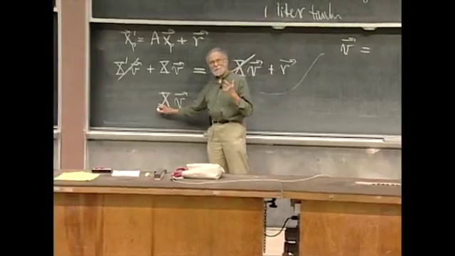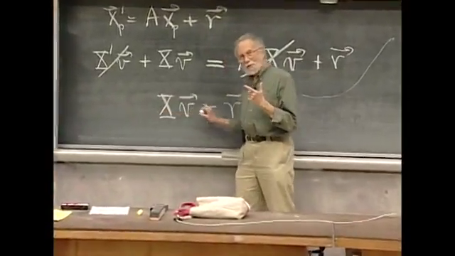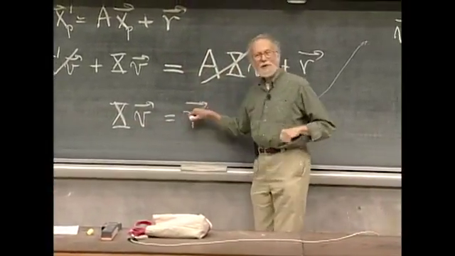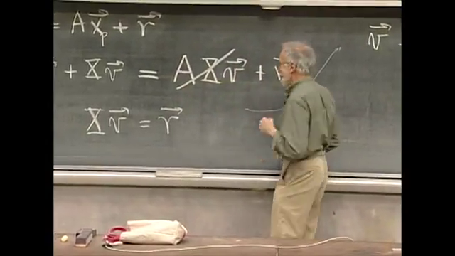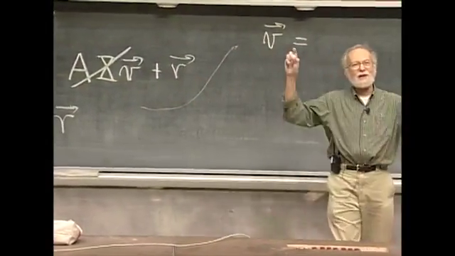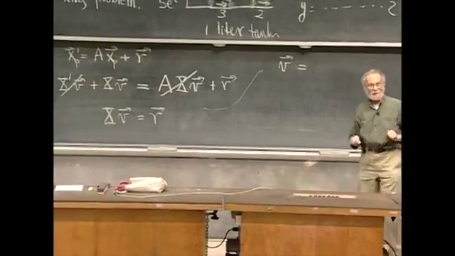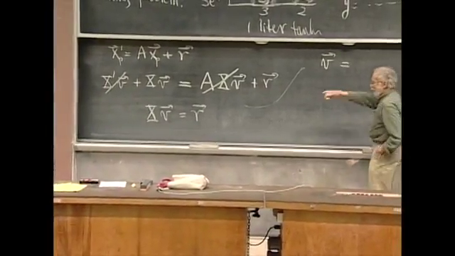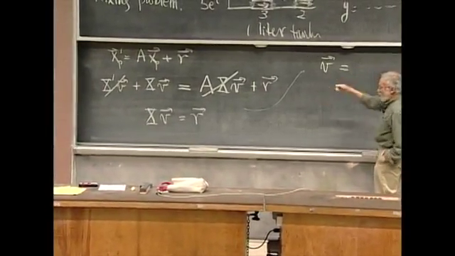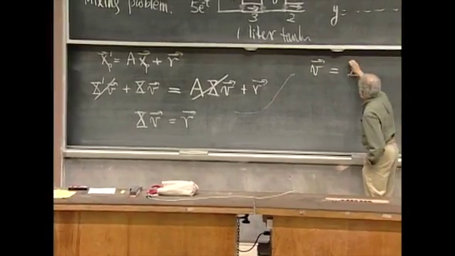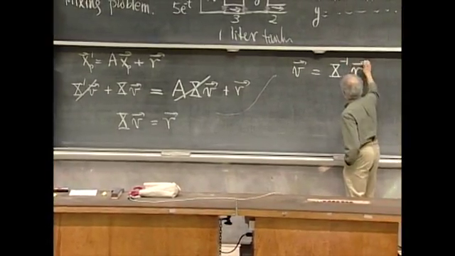Has to be on the left. Multiply both sides by X inverse on the left, and then you'll get v prime is equal to X inverse r.